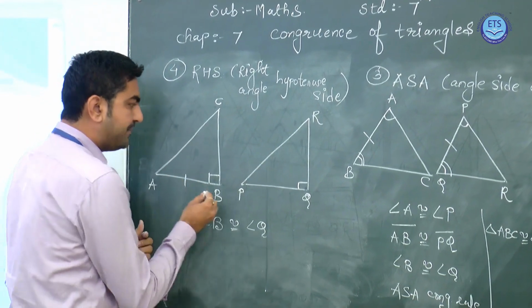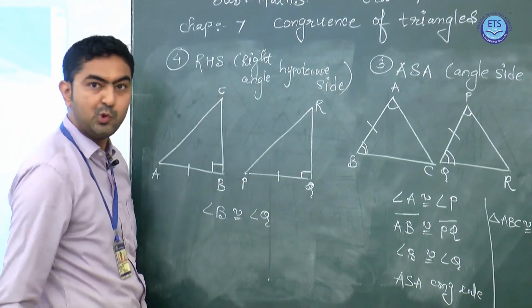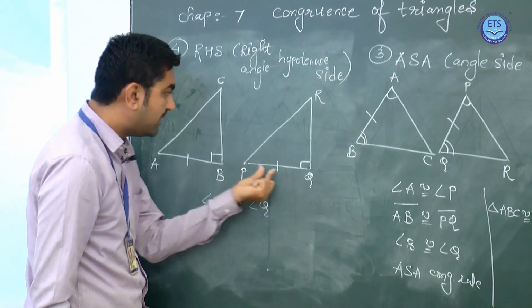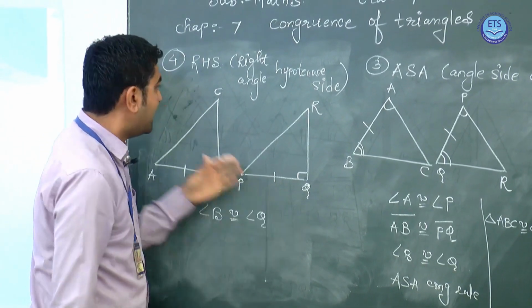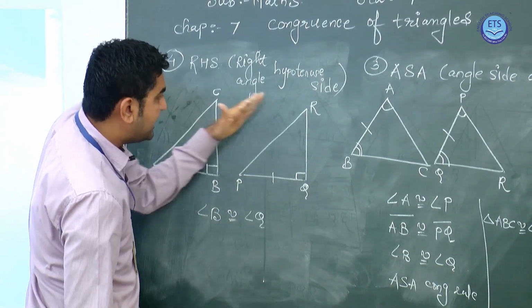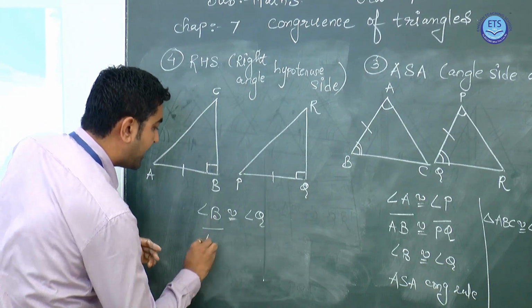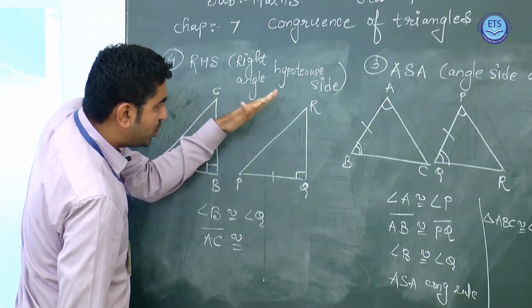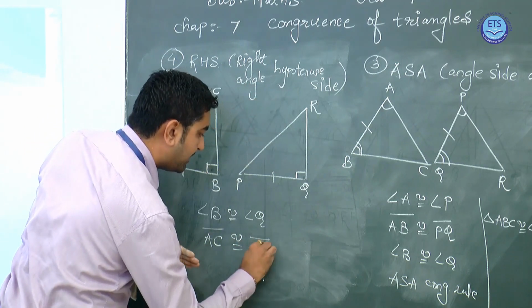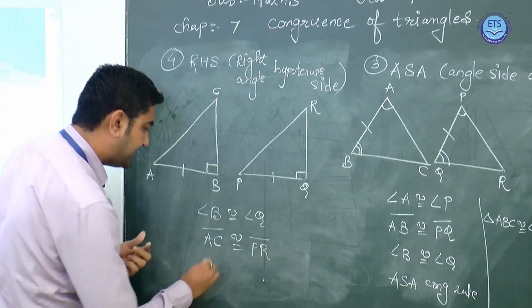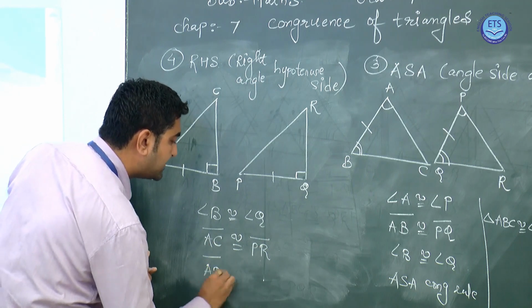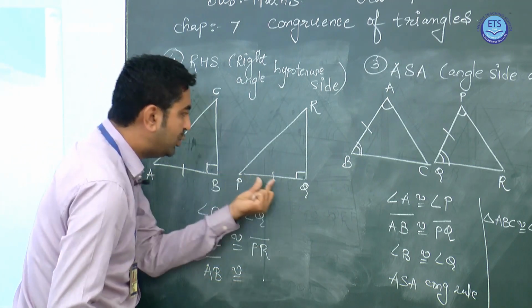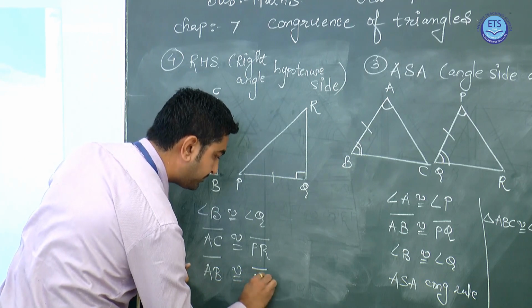Here line segment AB and line segment PQ are congruent, and line segment AC and line segment PR are the hypotenuse. So you should write: line segment AC is congruent to line segment PR, and line segment AB is congruent to line segment PQ.